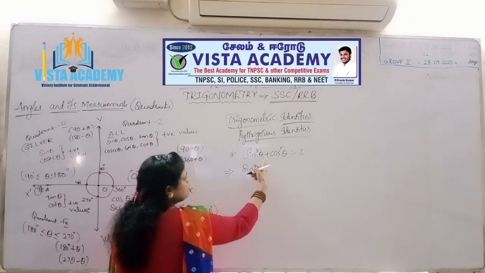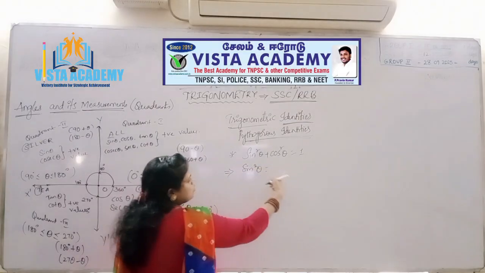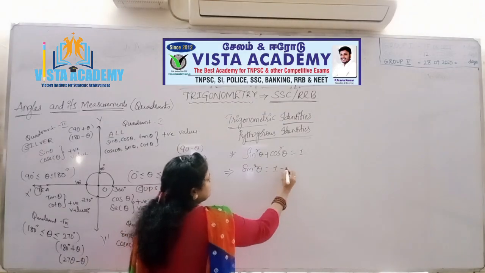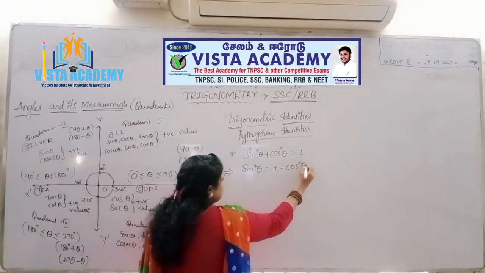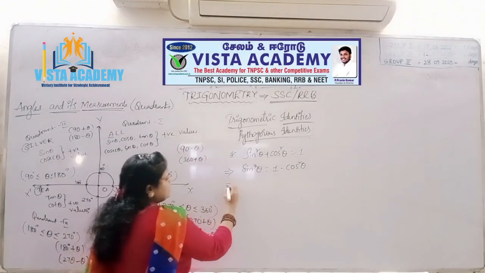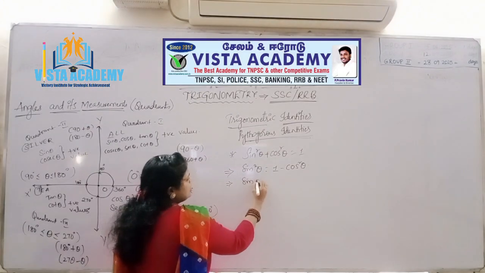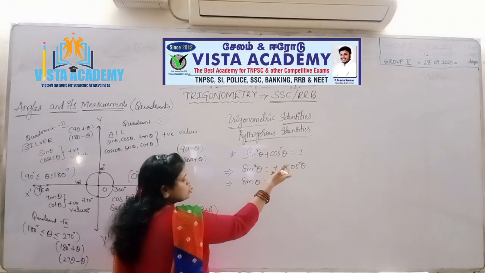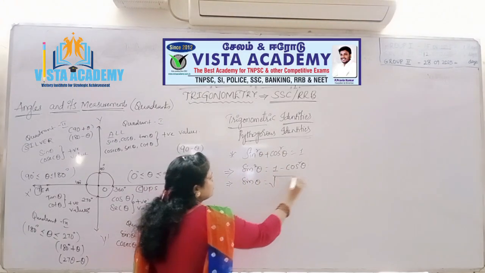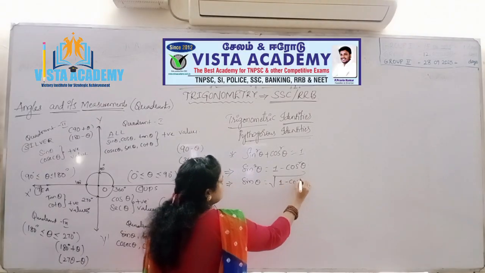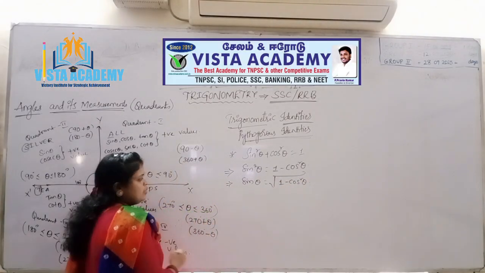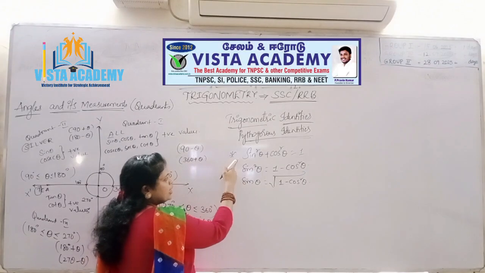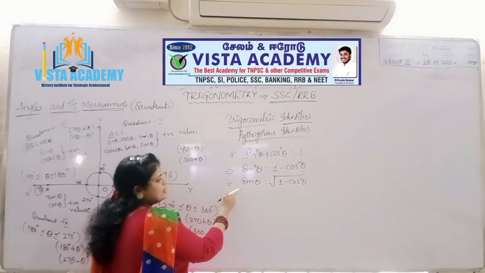Here positive cos square theta is there; if it goes to the right hand side, it becomes 1 minus cos square theta. Then sin theta is equal to, taking the square root, under root of 1 minus cos square theta. Right? So this is the formula where you can derive sin square theta and then sin theta.